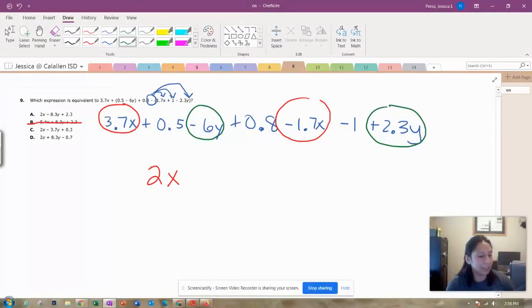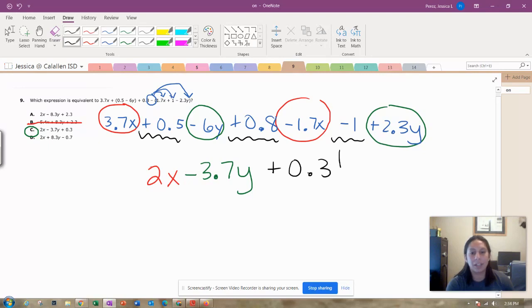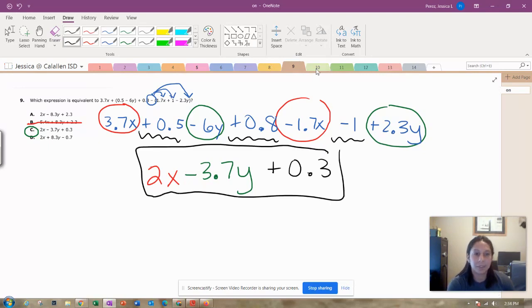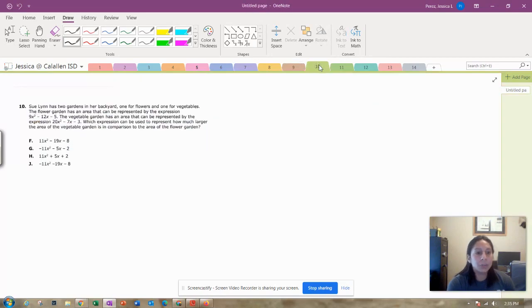So negative 6 plus 2.3y, that's negative 3.7y. So here, that has to be the answer, but let's go ahead and work out the last part. So positive 0.5 plus 0.8, take away 1. You end up with plus 0.3. So our answer does have to be C.